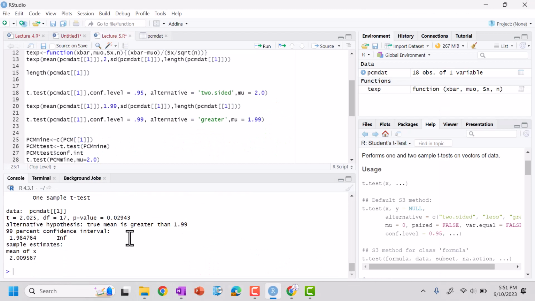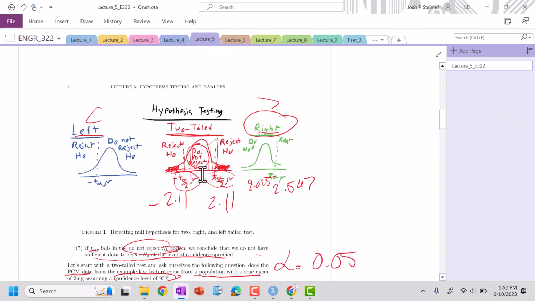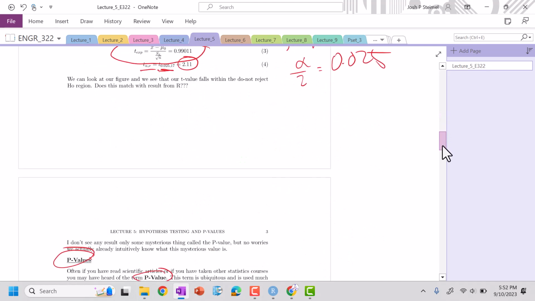What's our significance level? 0.01. This p-value is greater, so this matches. If we're greater, remember, we have to be on that other side, in the do not reject regime. We're close, but we're not there. Good double check. It's great you can do this both ways, and you'll definitely get the answer.